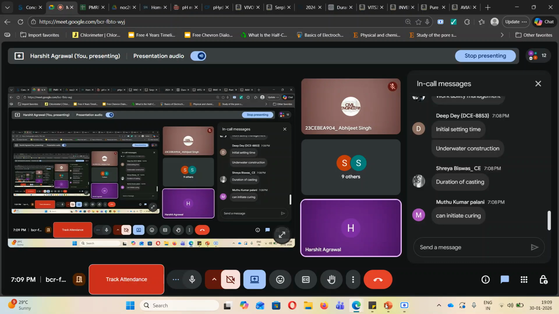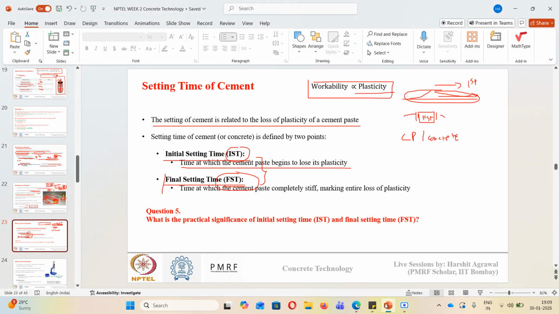Okay, let's talk about initial setting time. So initial setting time, we know it marks the first loss in plasticity. So we can say that beyond initial setting time, our concrete won't be freely flowable. Okay, it has lost a certain amount of plasticity.